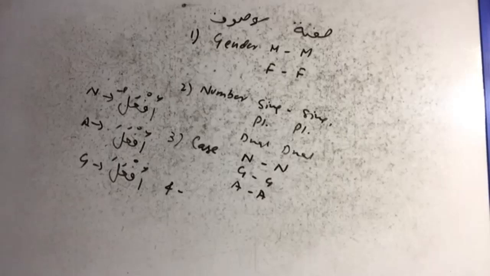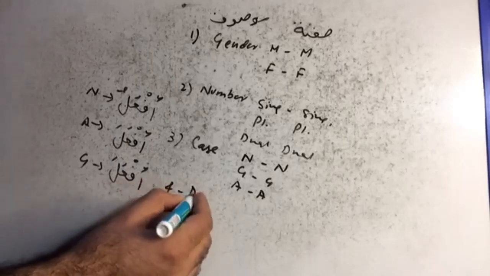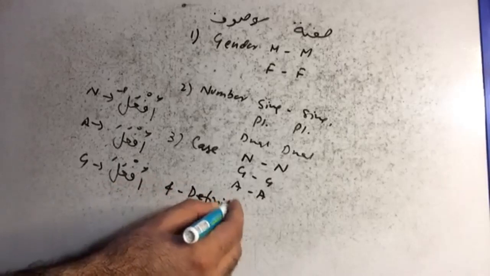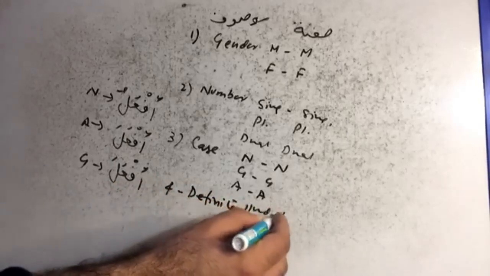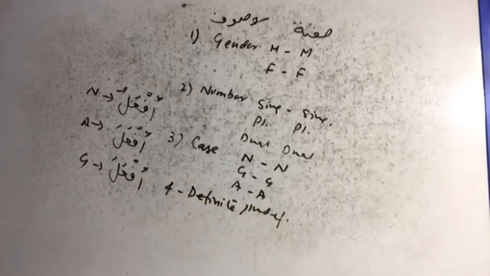Nobody? It will be whether it's definite or indefinite. How can you forget it? If a mawsuf is definite, its sifat will be definite. If a mawsuf is indefinite, its sifat will be indefinite.